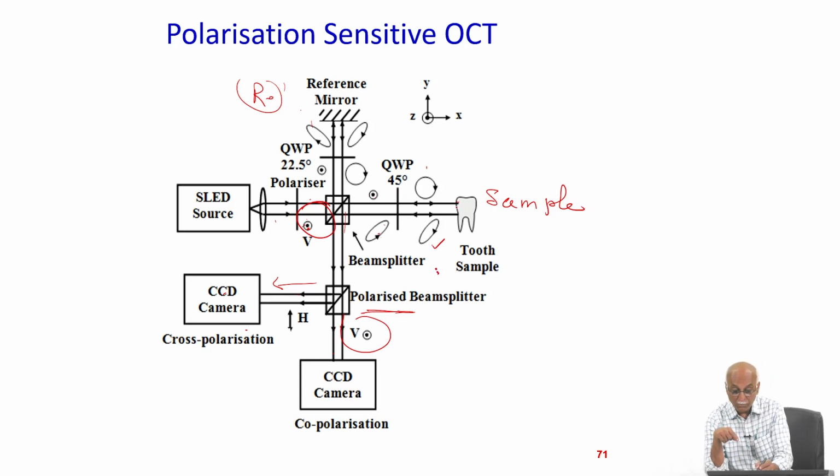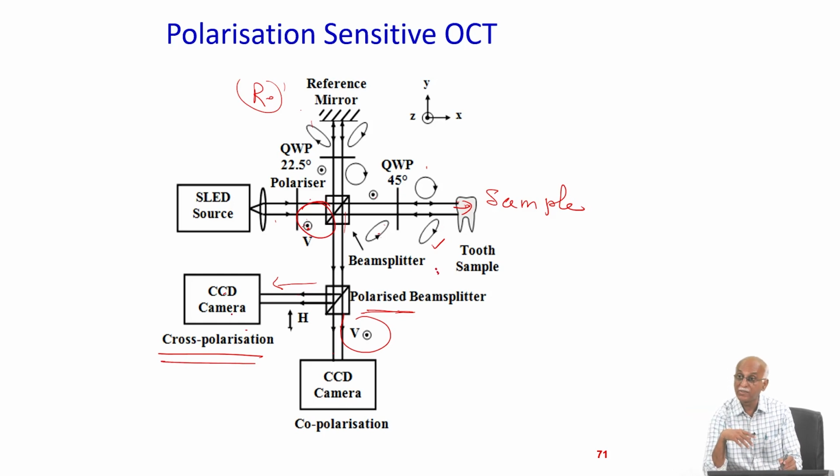But if light propagates through inside, then the reflected one has a different polarization state due to the birefringence it is observing within this tooth sample, and hence the major part of the surface reflection, which is co-polarized, is removed from this.